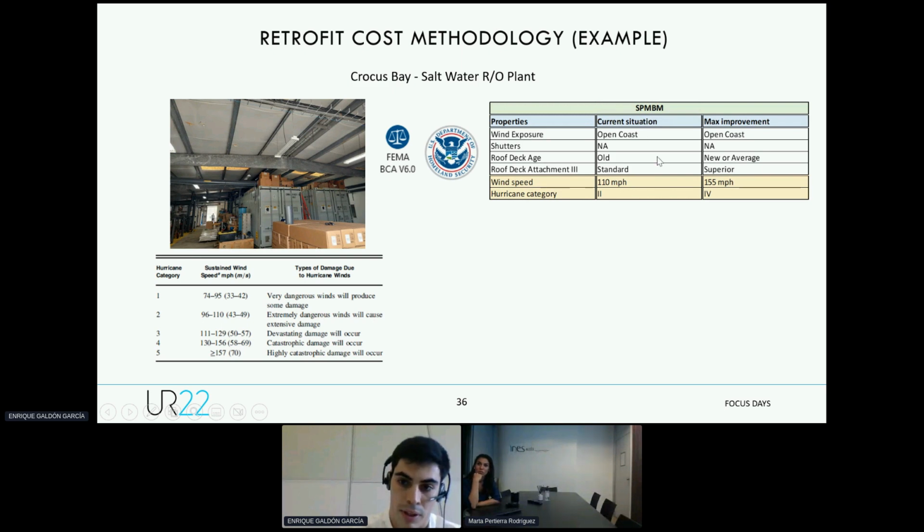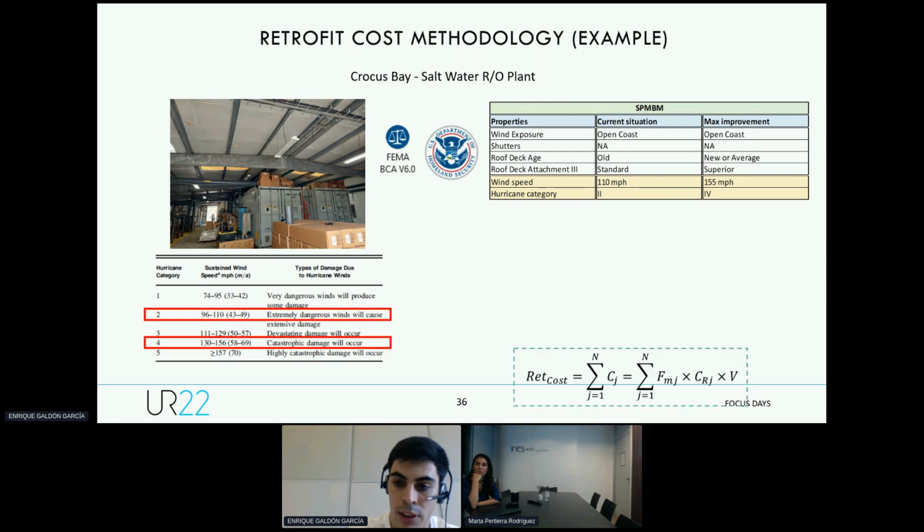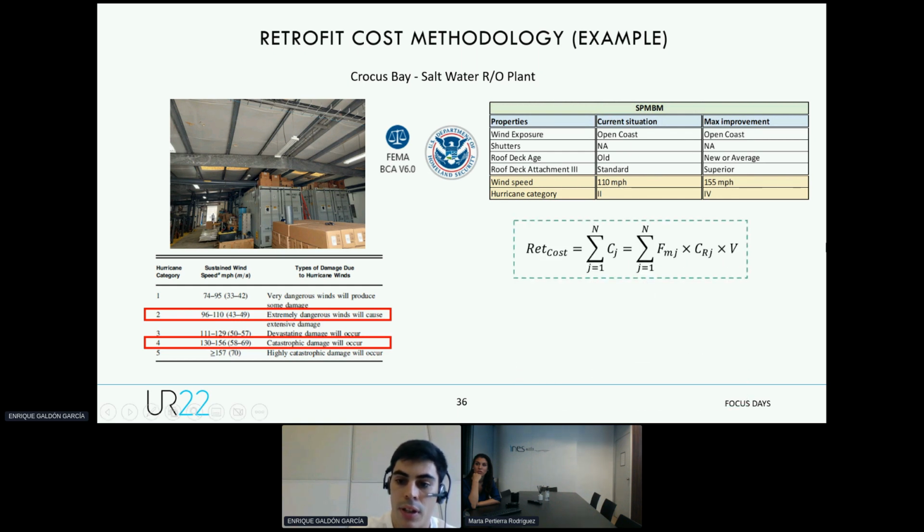With the current situation, we obtain a wind speed of 110 miles per hour, and if we implement this retrofit measure, we can achieve a wind speed of 155 miles per hour.